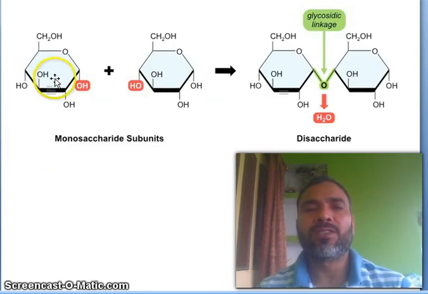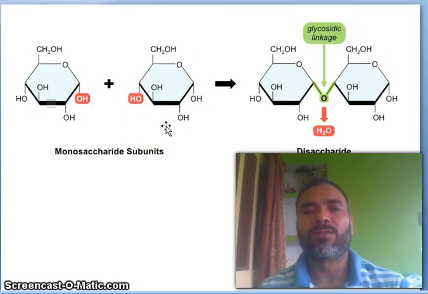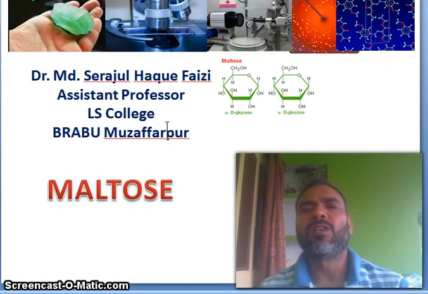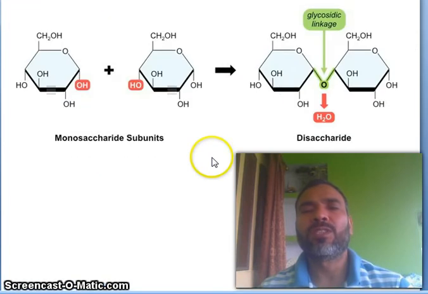So look at this structure. This is glucose. So you know the alpha D glucose. So this is the down OH at this anomeric carbon.